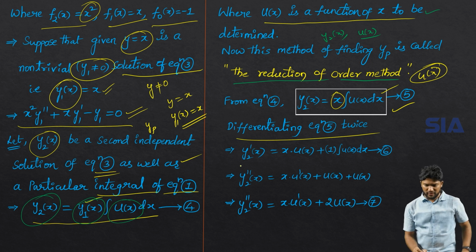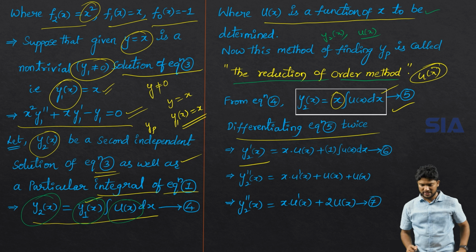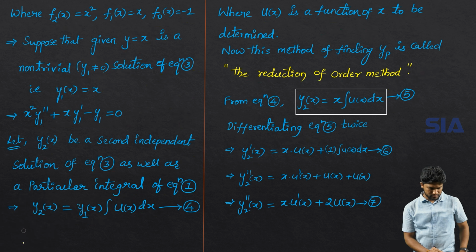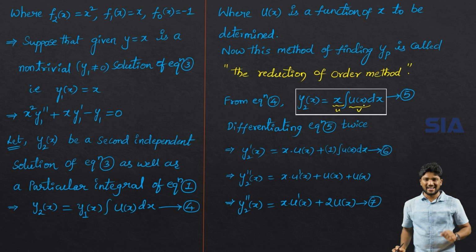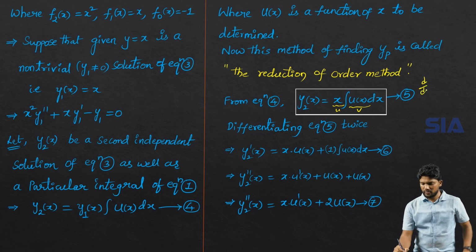If you differentiate the first time, for equation number 5, x into integration u of x dx, take x as u and consider the integration of u of x as v. You know very well the formula for dy/dx of u into v: u into v dash plus v into u dash.